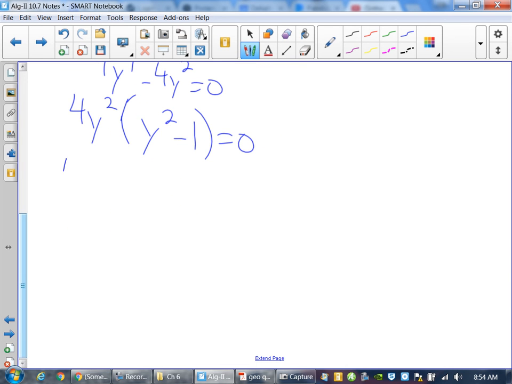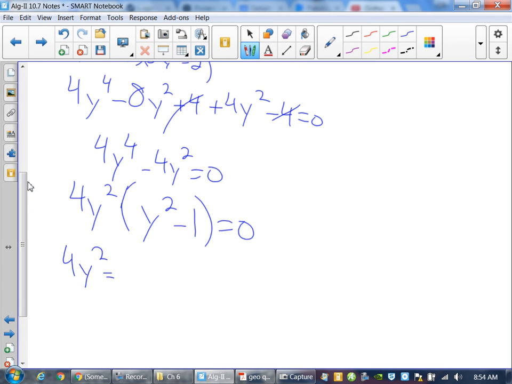So we have 4y squared equals 0, and then y squared minus 1 is 0. Well, that's a difference of squares. If I solve it, I add 1, take the square root, I get plus or minus 1 for my zeros there. And then the other one, what's the 0? 0. So this has three possible y values: 0, plus or minus 1.